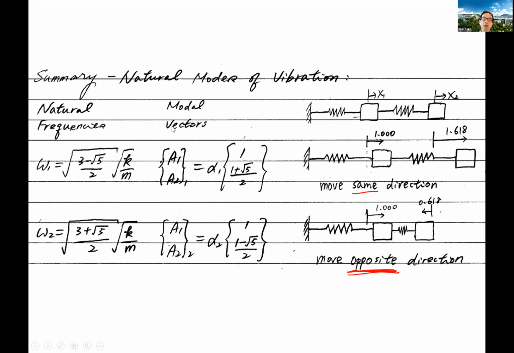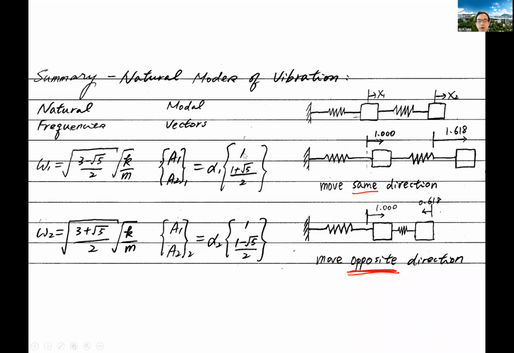But here it's related to the modes, so we call it the modal vector. And as I mentioned, the physical meaning regarding the motion will be like this. We cannot find the absolute value, so what we can get is only the relative displacement.